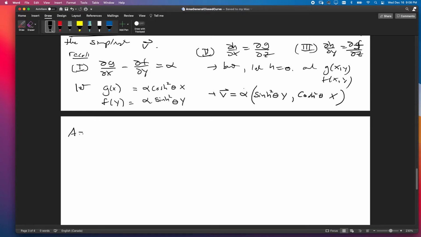So then my area becomes, well, 1 over alpha cancels with this alpha, so it becomes the integral over dt from 0 to 2 pi of, yeah, theta and alpha don't depend on t.